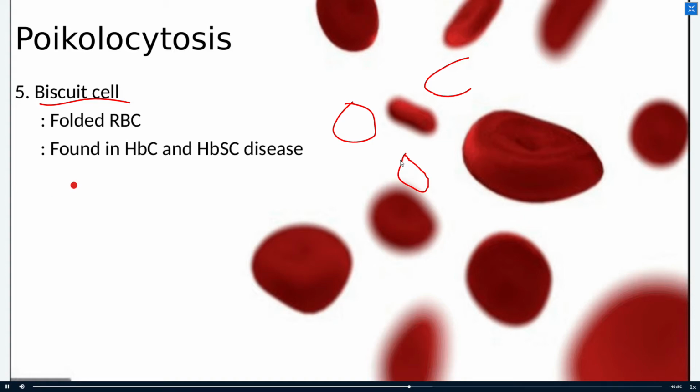Class review. What is the usual partner of your hemoglobin C in disease? What type of hemoglobin? Hemoglobin C usually partners with your hemoglobin S, causing hemoglobin SC disease.